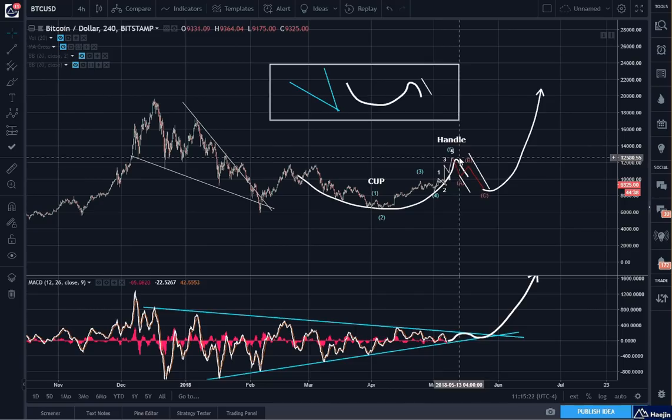It's obeying it, and MACD is sitting on the bottom blue line. And once it turns back up, it should bring us to the 12,000. And it might give us the cup and handle right here, or it might just continue going up. It doesn't have to be a cup and handle.